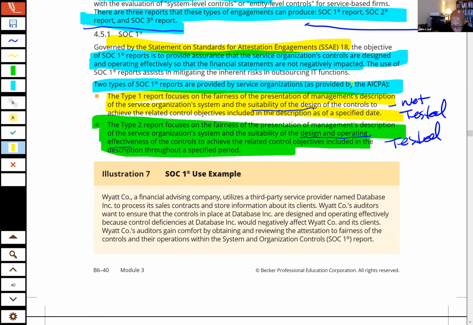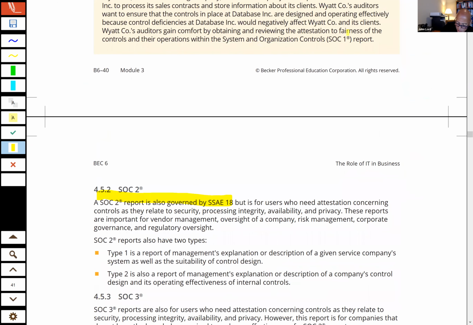But the SOC2 is for users who need attestation concerning controls that relate to the security, processing, integrity, availability, and privacy of data. These reports are important for vendor management, oversight of the company, risk management, corporate governance, and regulatory oversight. So go ahead and flashcard that definition.